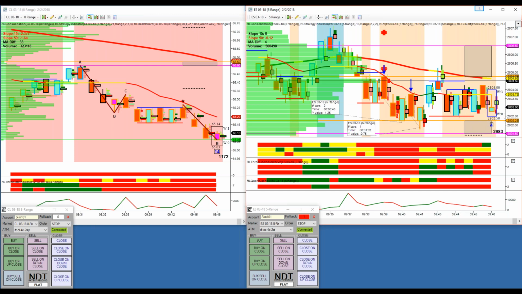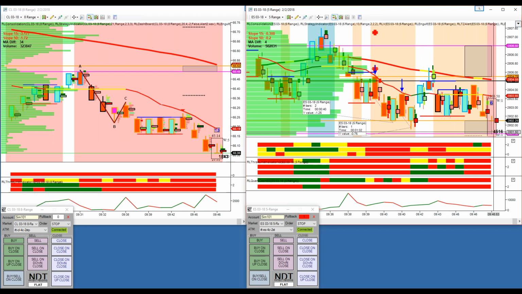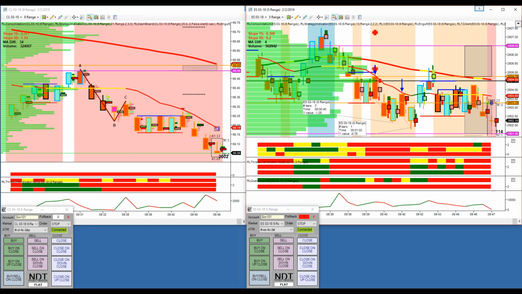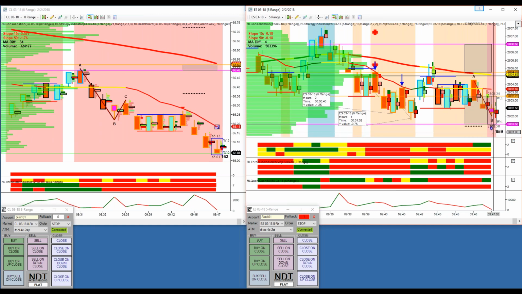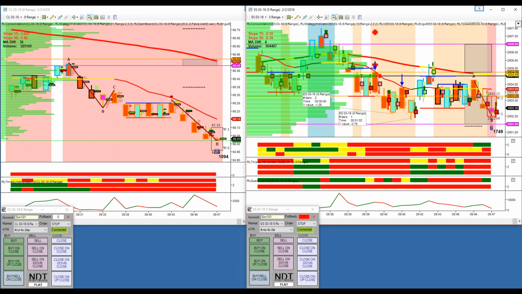Crude's just pushing down the low of day, oversold, or price action along a flat modified 15.